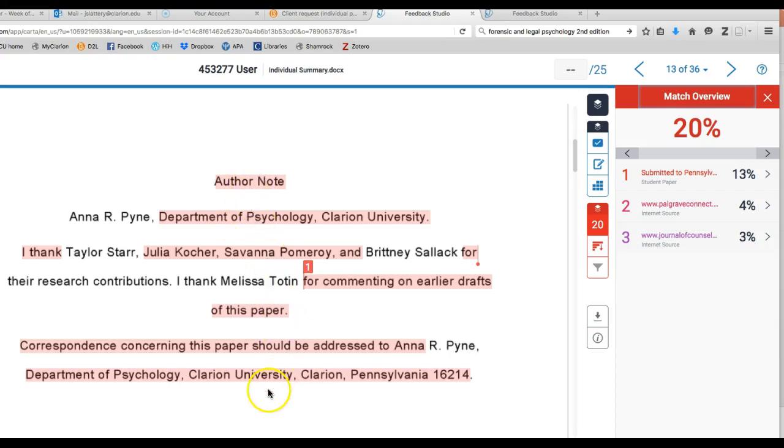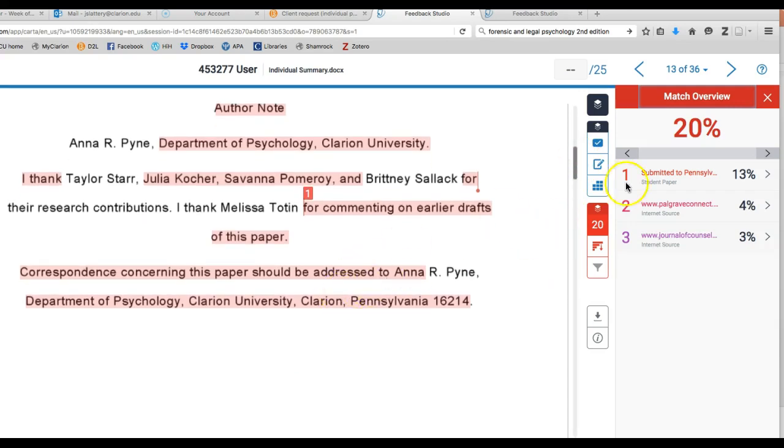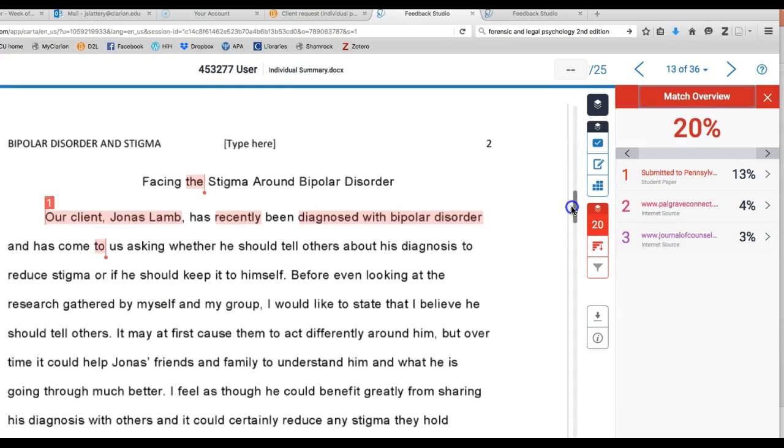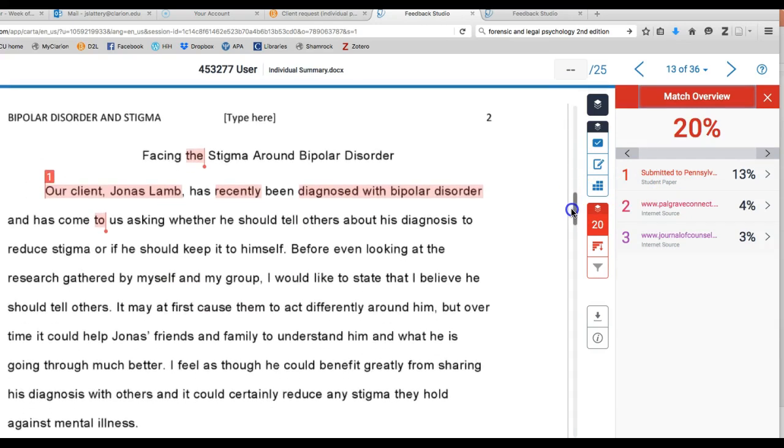But you can see also that because author notes take a specific form, there's a lot that's showing up here. This is from the client question, and so this is actually your first individual paper that we're looking at here.